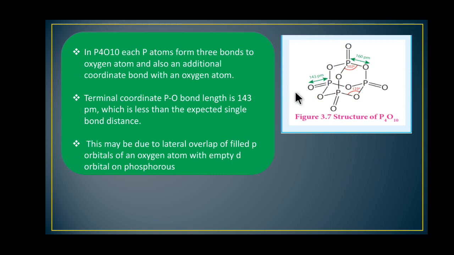Is it clear? And what is the structure? P4O10. What is the position of phosphorus in the corner? It just looks like a benzene-like structure, and at the corners you fix the phosphorus 1, 2, 3, 4.